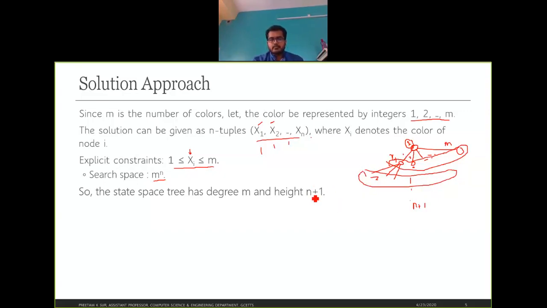So if you draw this state space tree in full, you can find that the degree of the tree is m and the height will be n plus 1, because there are n vertices available to you. Each node at a level has m children, corresponding to m possible assignments.